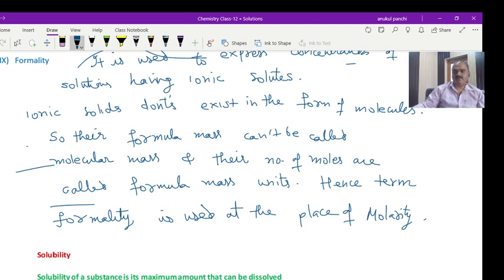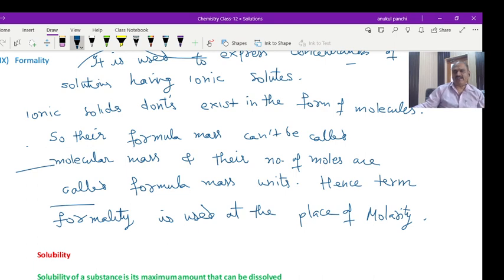Listen again. Ionic solids don't have molecules, so their formula mass cannot be called molecular mass. Normally, formula mass is actually molecular mass, like H2O 18, formula mass also called molecular mass. Glucose C6H12O6 is 180, formula mass also called molecular mass because glucose exists in the form of molecules.